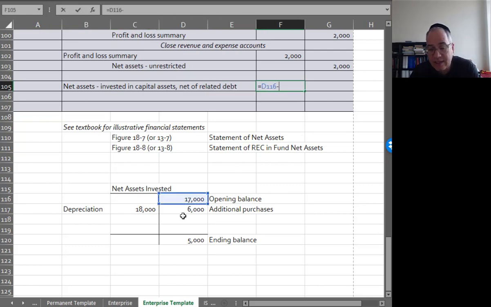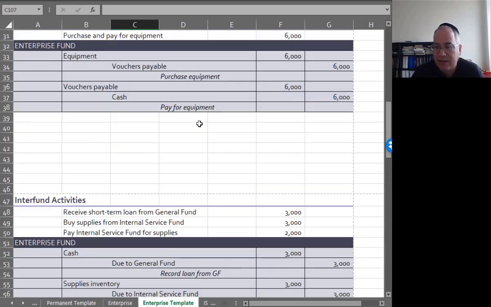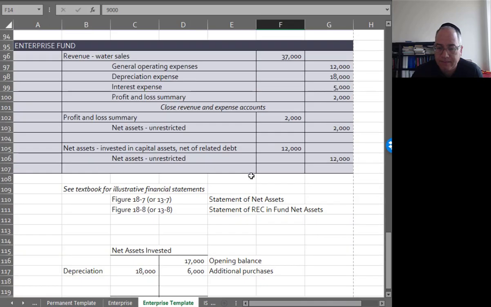So this would be $17,000 minus $5,000, or $12,000, and net assets unrestricted would then be credited for $12,000. So then the balance in that account would come out to be, it has a beginning balance here of $9,000 plus another $2,000 here plus $12,000. So 9 plus 2 is 11 plus 12 is going to be equal to $23,000.